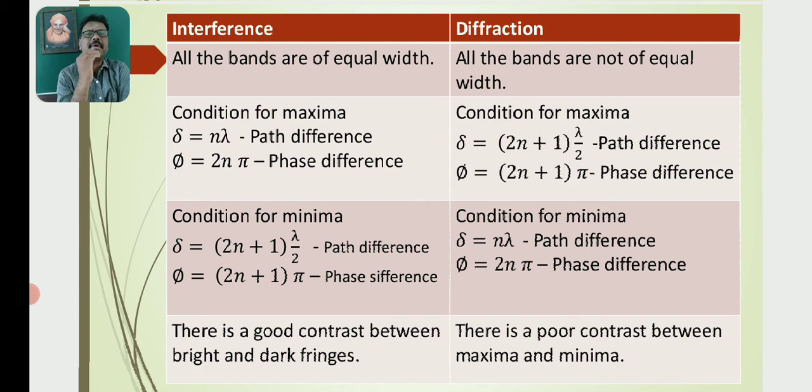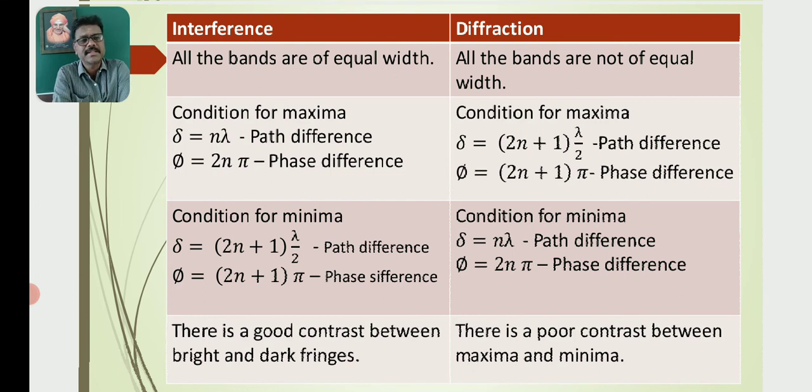The condition for a maxima in interference: path difference delta is equal to n lambda, phase difference is equal to 2n pi, an even multiple of lambda by 2, an even multiple of pi. But the condition for a maxima in diffraction: path difference is equal to 2n plus 1 lambda by 2, an odd multiple of lambda by 2, phase difference is 2n plus 1 pi, an odd multiple of pi.